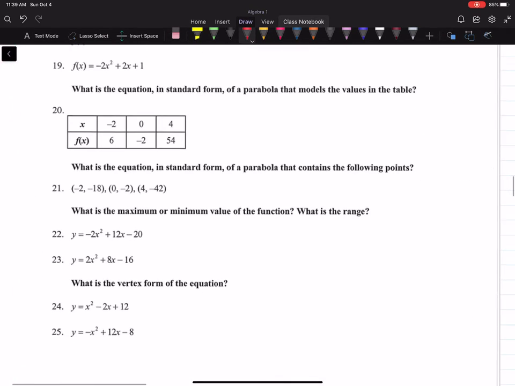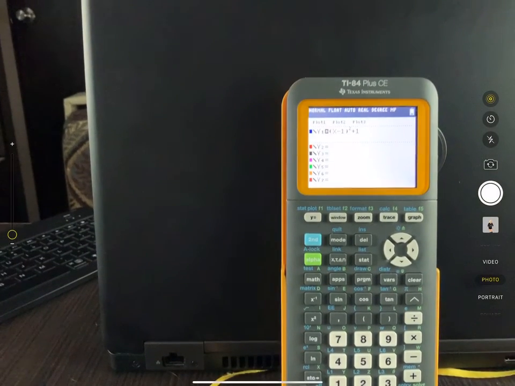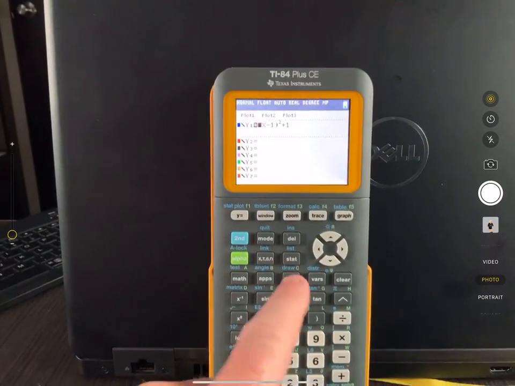20. What is the equation in standard form of a parabola that models the values in the table? So I need to show this one on my calculator again. Let me go to my camera one more time. All right, here's my computer calculator.